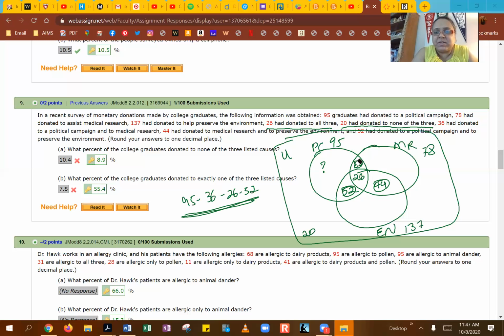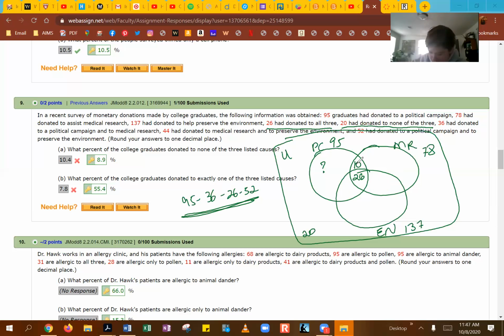So let's see what these should come out to be. For your 36, you would be subtracting 26 from that, so you should technically only have 10 in here.